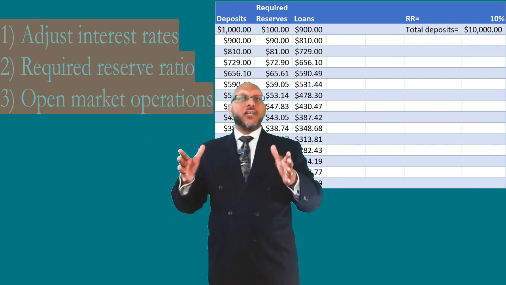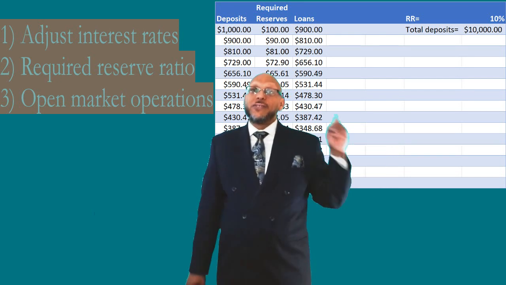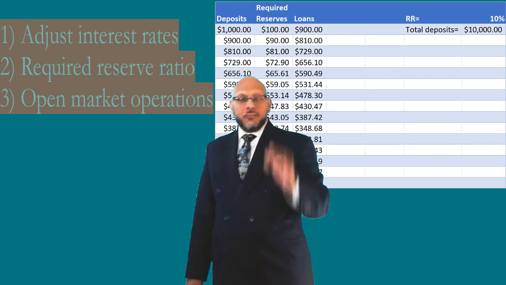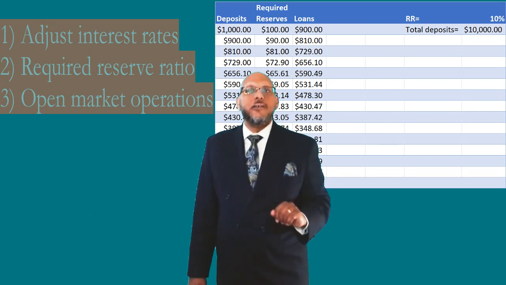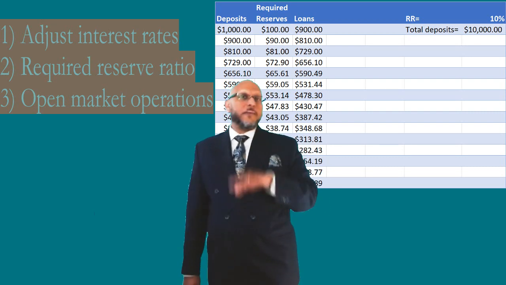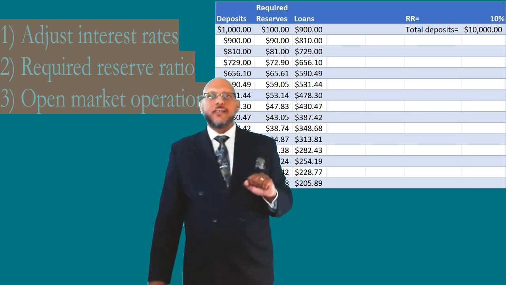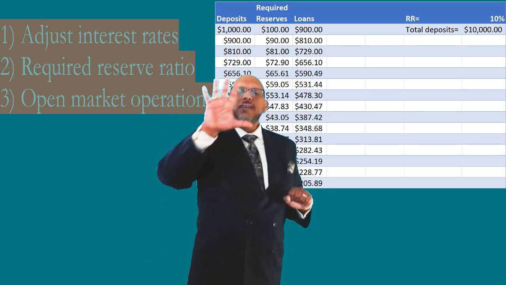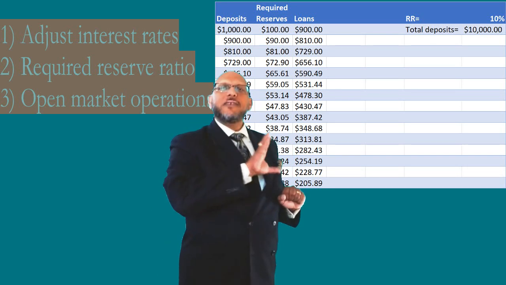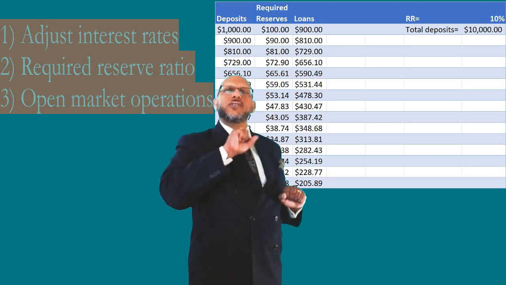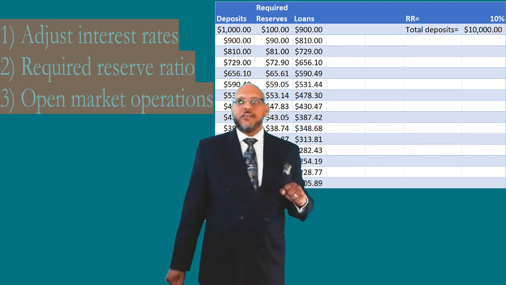If the money supply increases, interest rates go down too. So the Federal Reserve can unilaterally reduce interest rates by saying the rate is now 0.25 from 1% or from 3% or whatever. We're going to drop it down to 0.25%. It also can say, banks, you don't need to have so much money in your bank. You don't have to have as much reserves. So we're going to reduce the required reserve, and they now have more excess reserves to lend out.